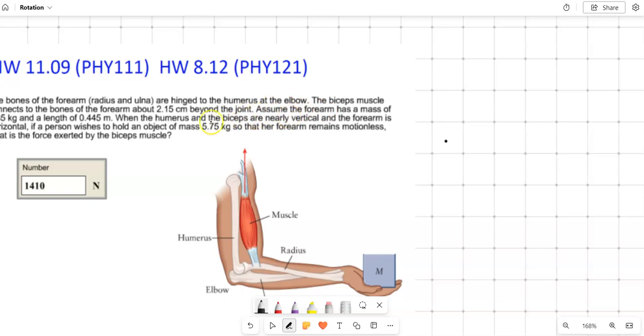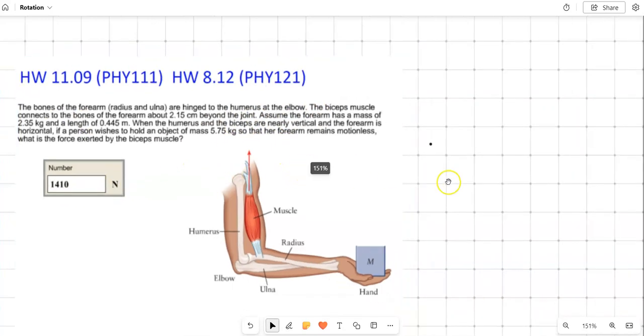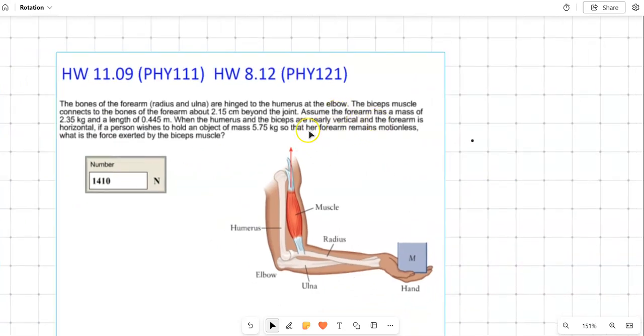So let me back up the problem a little bit. It says the entire mass of the forearm is 2.35 kilograms. And the length of the forearm from the elbow to the mass right here is 0.445 meters.